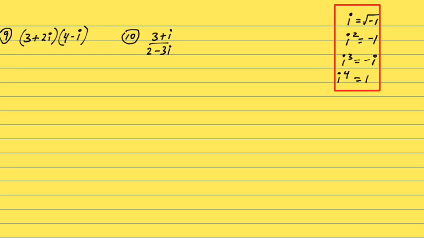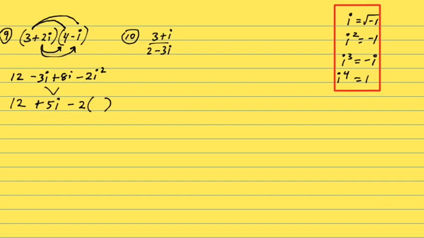So I'm going to distribute. 3 times 4 is 12. 3 times negative i is negative 3i. 2i times 4 is 8i, and 2i times negative i is negative 2i squared. So I should be able to combine these and give me a positive 5i.